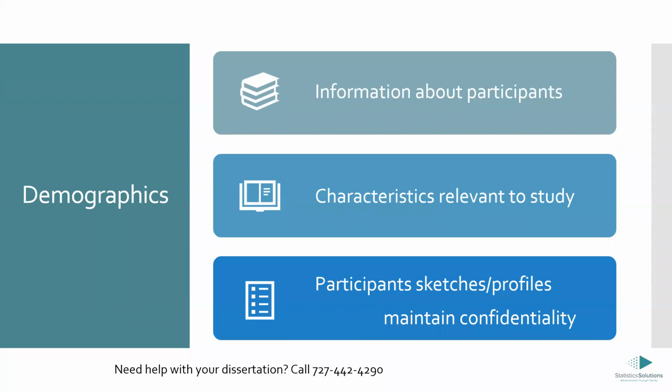You want to give a good general picture of the participants, of the demographics of your population, and then specifically the sample of that population that you drew for the study. You'll talk about the characteristics that are relevant to that study, and you'll present maybe some sketches of your participants with enough vagueness to maintain their confidentiality.